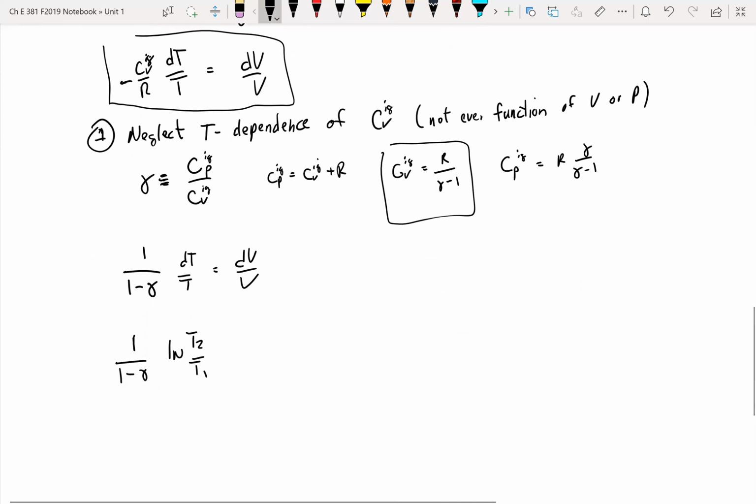times 1 over 1 minus gamma. I accounted for that by swapping the order of the denominator. So I've got 1 minus gamma here and gamma minus 1 there. I could write it like that, and it would have the negative sign.